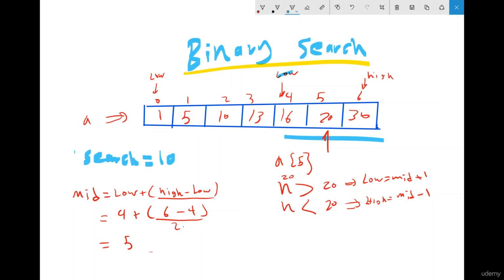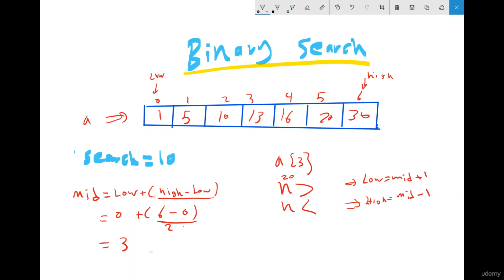First of all, where is the low and where is the high? You still have low and high. Now you look for the mid. How do you find the mid? You have low 0 plus (high 6 minus 0) over 2. The mid is 3, so you are looking at A[3]. Which number is in A[3]? I'm sure you know it.